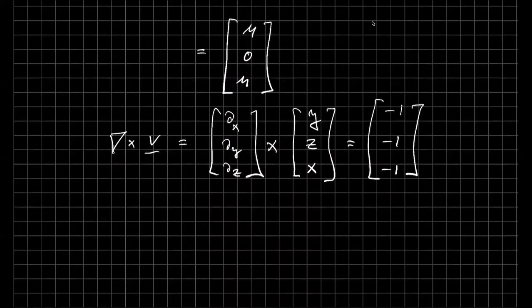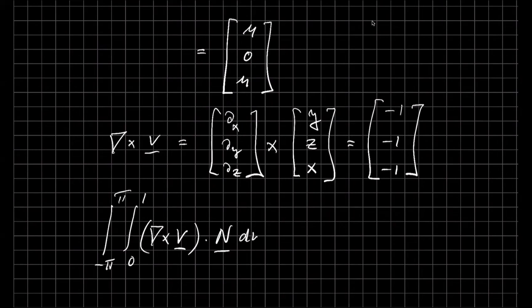Then you can calculate the circulation as the integral from minus pi to pi, and from 0 to 1, of this curl times the normal vector, du dv.